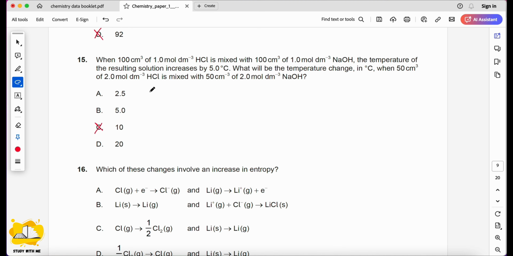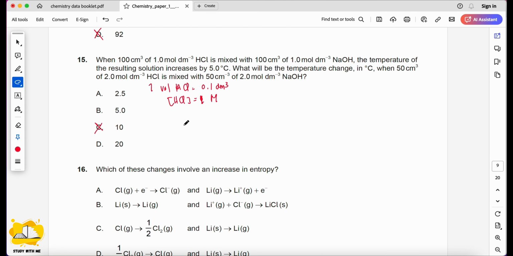Because look, for the first scenario, the volume of HCl is 0.1 decimeter cube, and the concentration of HCl is 1 molar.